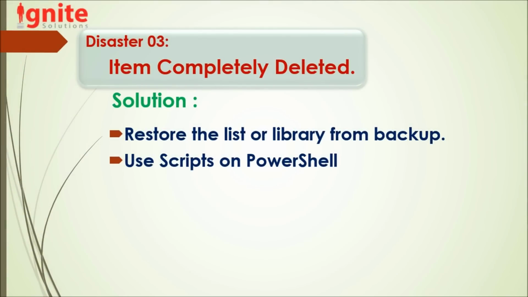Disaster number 3, item completely deleted. What if the file or files have been deleted completely from the site collection recycle bin too? Let me make it more complicated. What if the user deleted the project file, and after that many files have been added to the library, and now the user wants his file back from an old backup of his library?